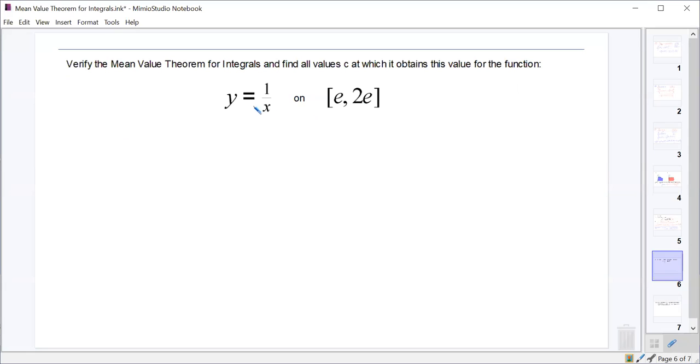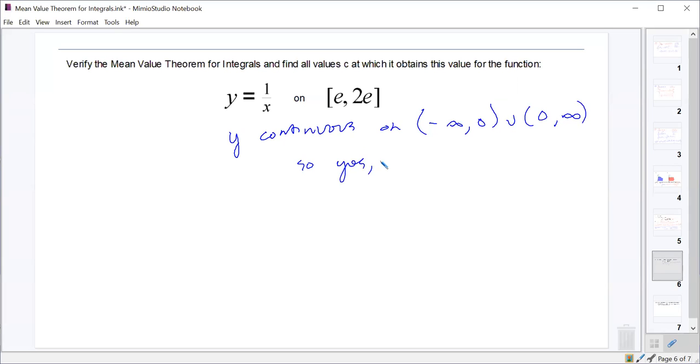The function 1 over x is continuous on negative infinity to 0 and 0 to infinity. So yes, it's continuous on e to 2e, because we know its domain is negative infinity to 0 and 0 to infinity.